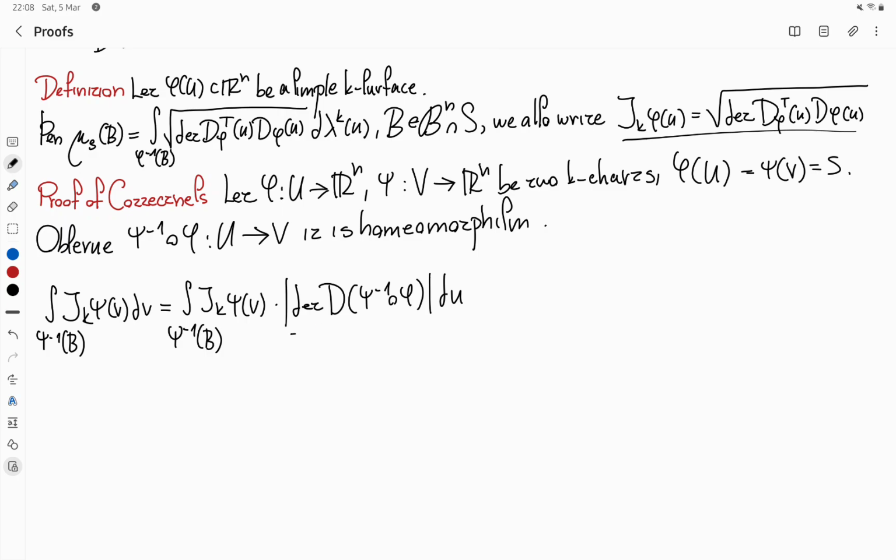Alright, but we have seen this before, actually. We have seen it in the change of parameters on a surface theorem or something like this, and thence we know that this is actually equal to the integral over the pre-image of B under psi of, again, we copy this, jk psi of v times the determinant of, and now we have lowercase d, isomorphism notation, of psi of v composed with, again, lowercase d, of phi of u.